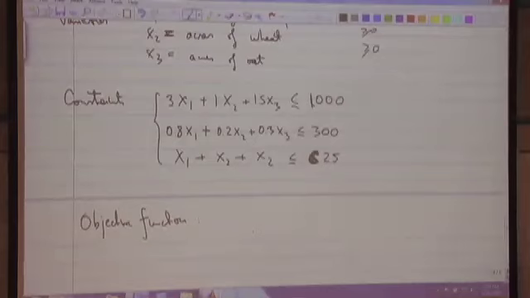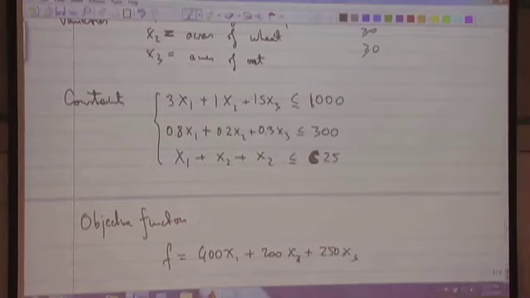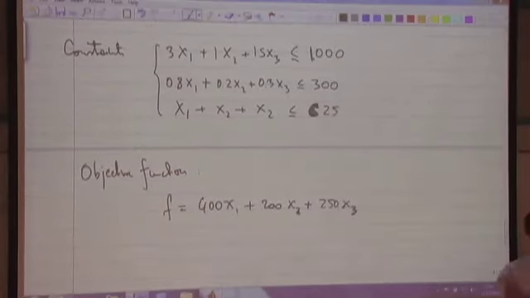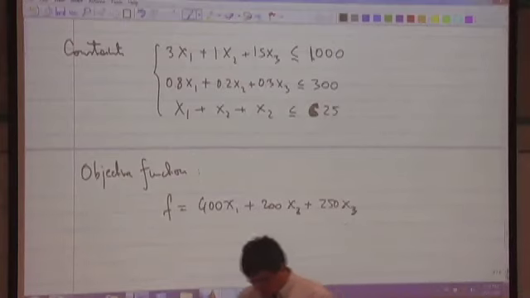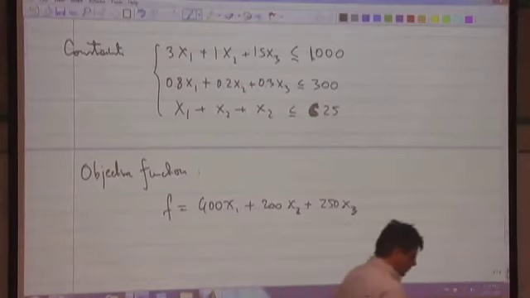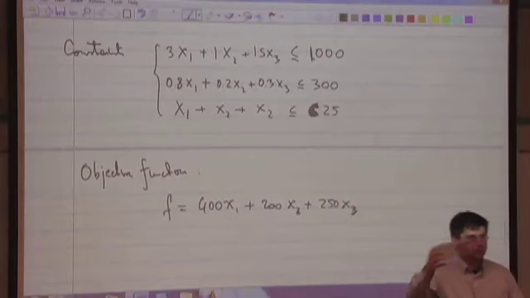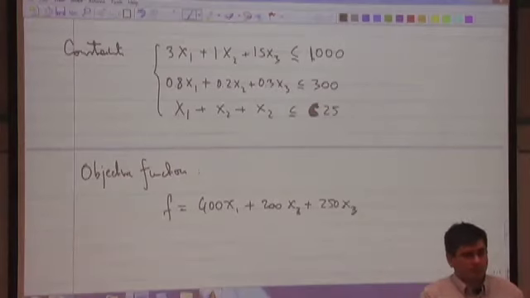So that's F equals 400 x1 plus 200 x2 plus 250 x3. And again, this is all given in a table. It may take a little bit. In one of the homework problems that I assigned, you're also given a table, so you just have to be able to extract the information the right way from the table.